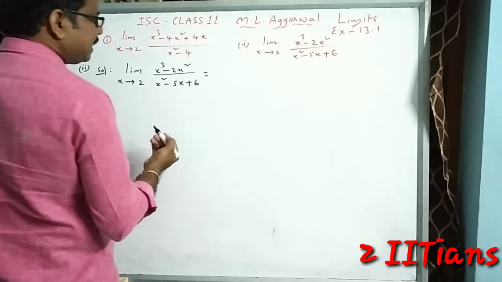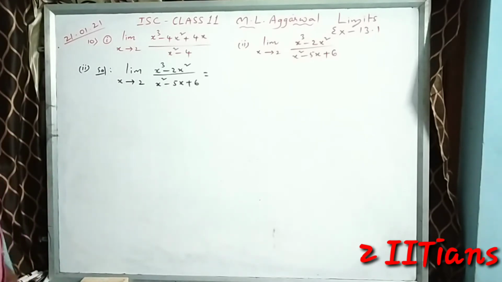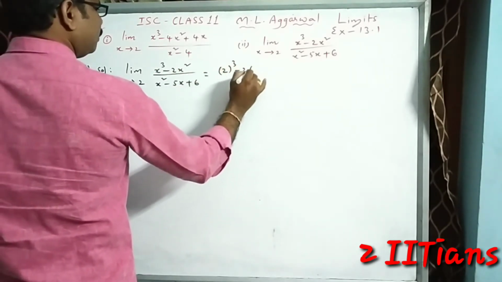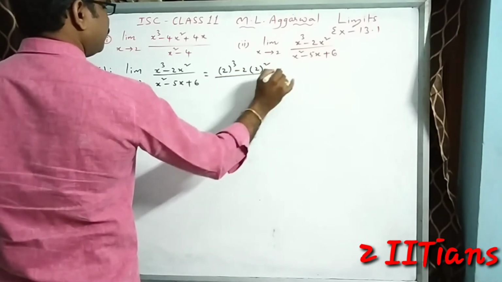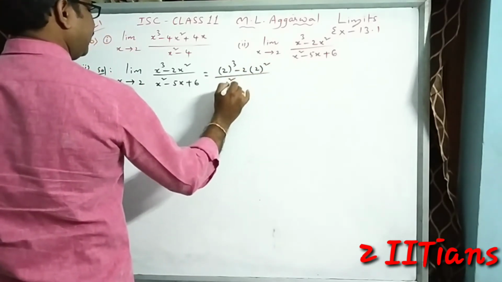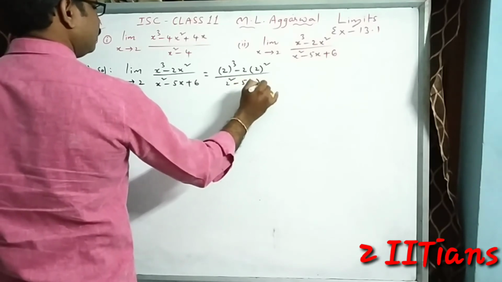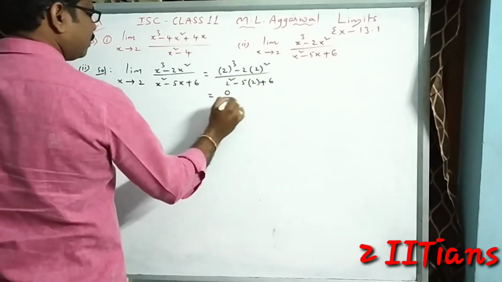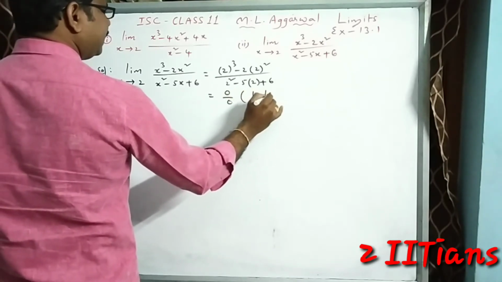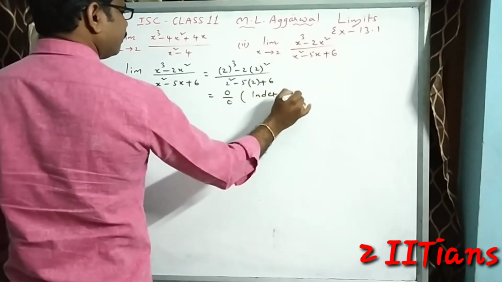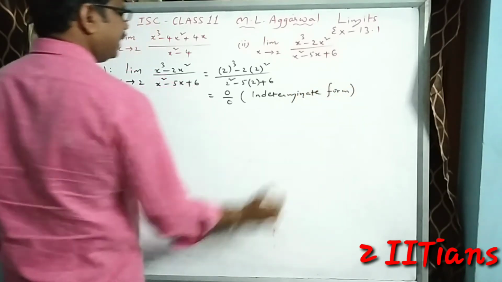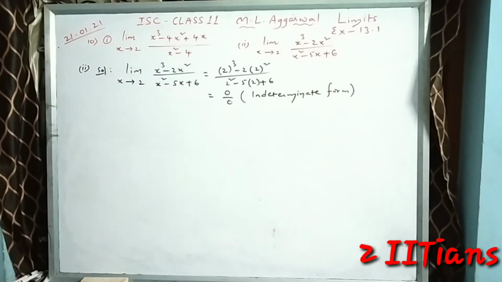So as usual, first what should you do? Substitute the limit. 2 cube, 2 into 2 square upon 2 square, 5 into 2 plus 6. So 8 minus 8 is 0 by 0, indeterminate form, right?